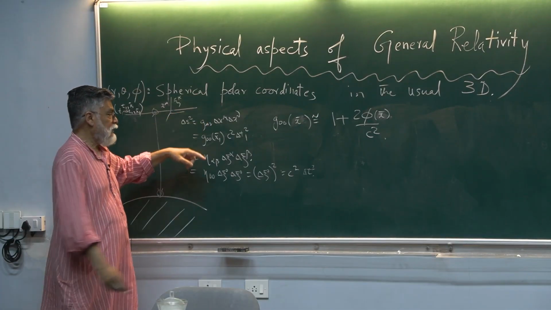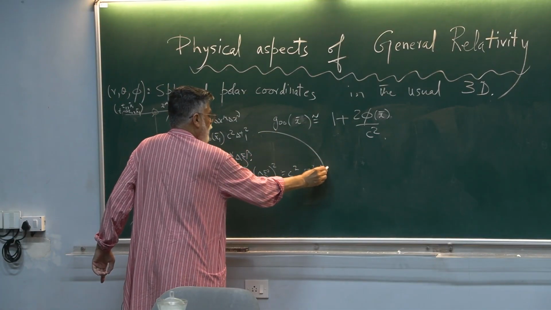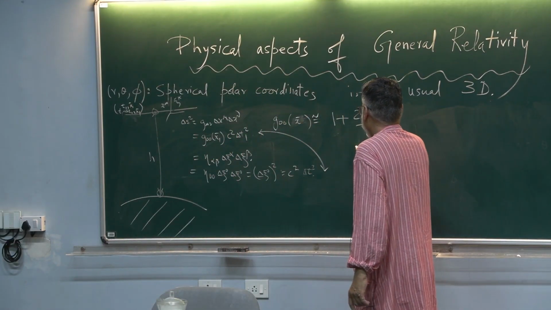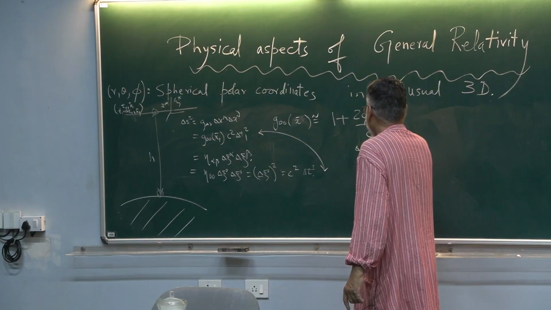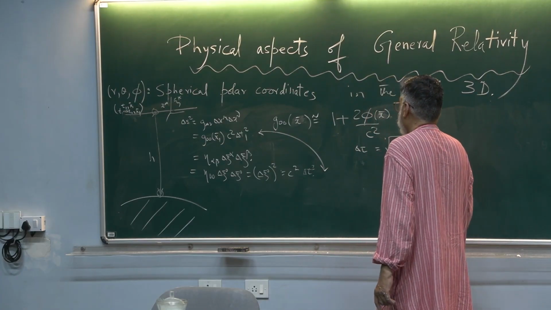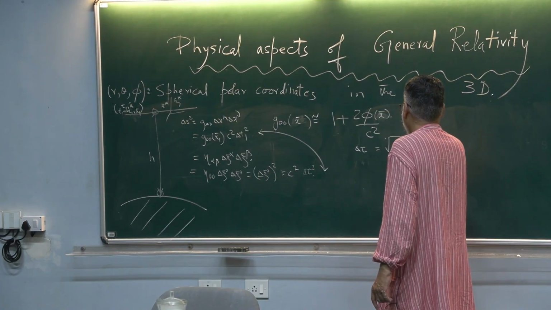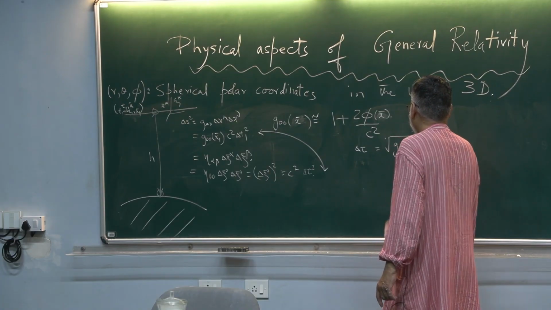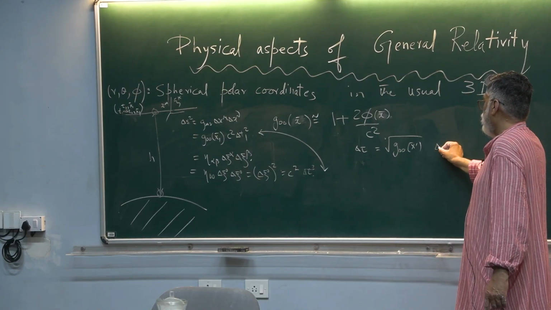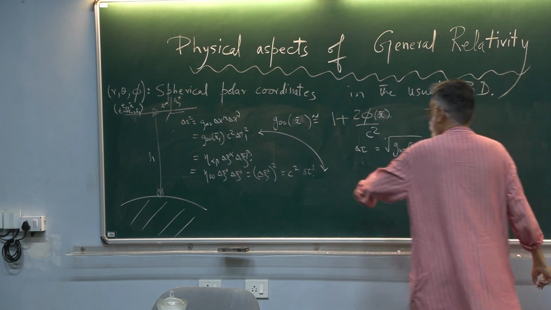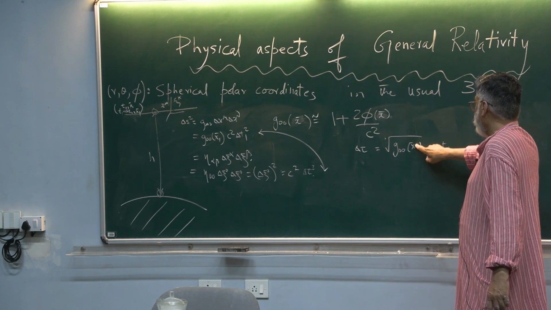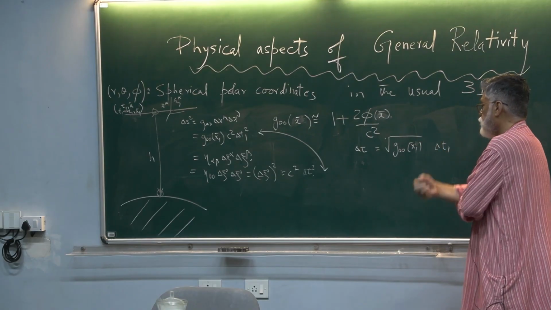Agreed? So these two being equal, I get the result that delta tau is nothing but the square root of g00 at x1 times delta t1, where the c square gets cancelled. Delta tau is this.